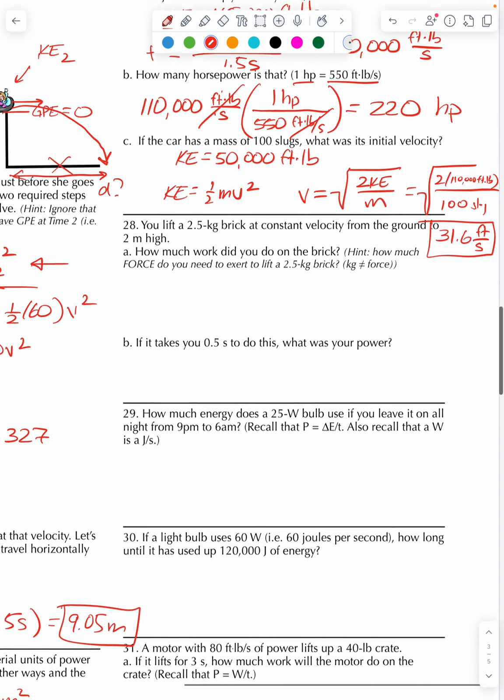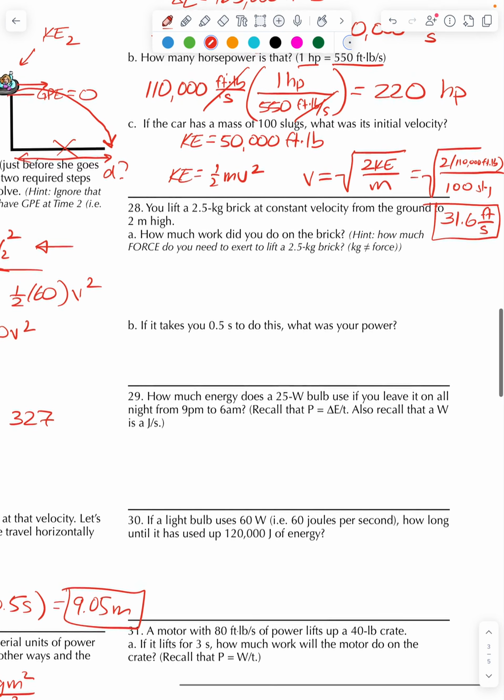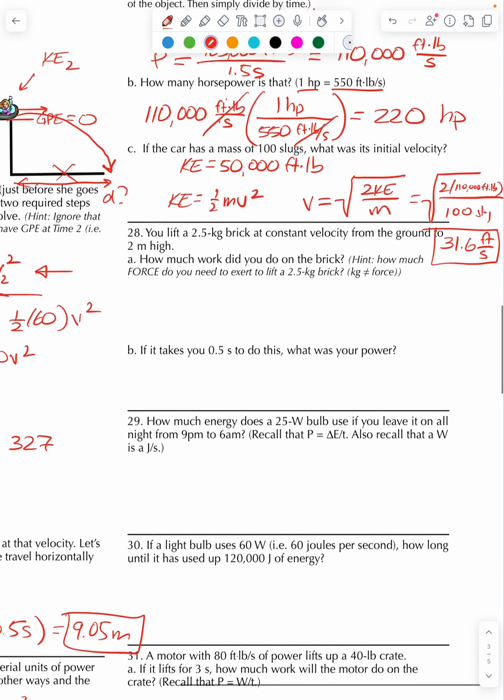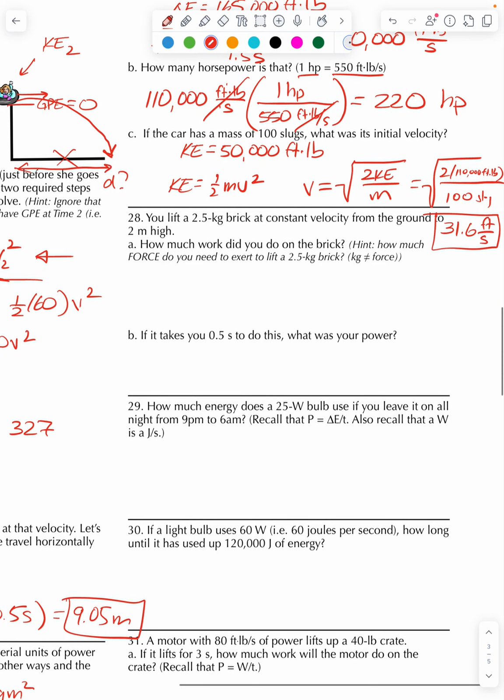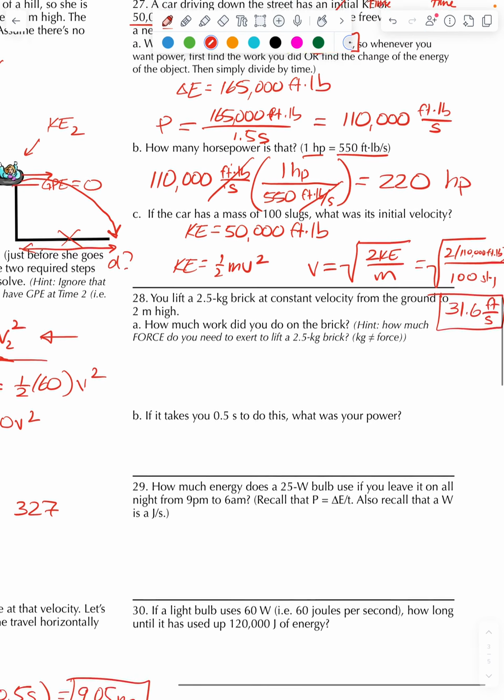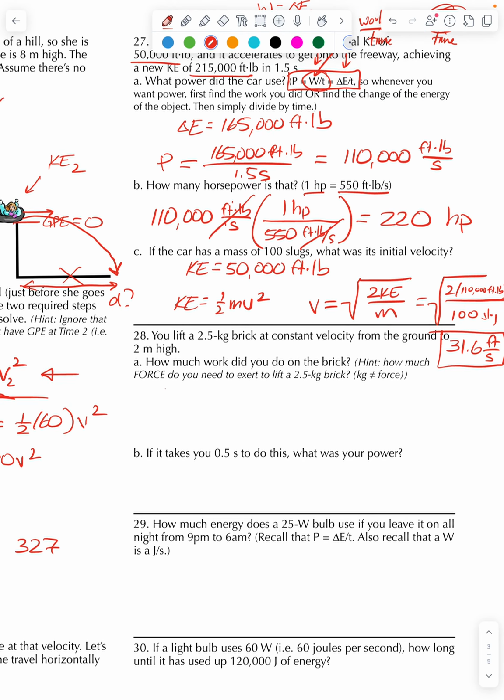All right. Number 28, you lift a 2.5 kilogram brick at a constant velocity from the ground to 2 meters high. How much work did you do on the brick? Okay, we can think about this two ways. First of all, let's think about it in terms of work equals force times distance. So what force do we have to exert on the brick just to lift it at constant velocity?